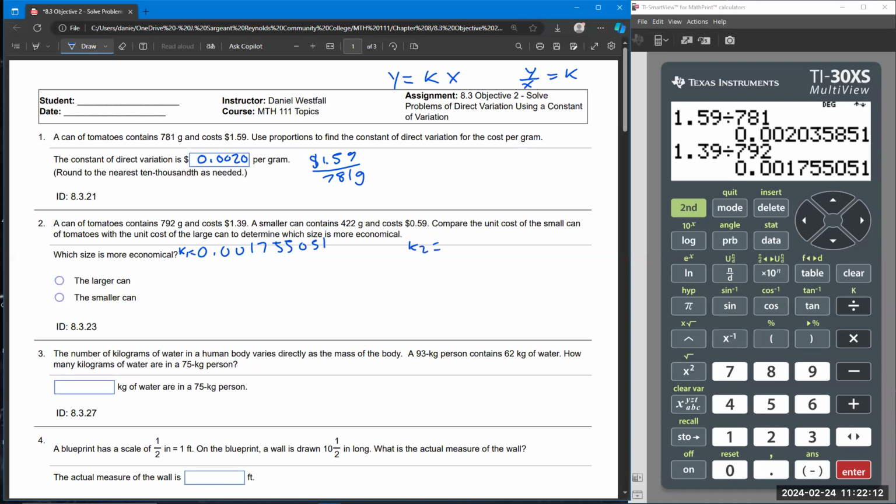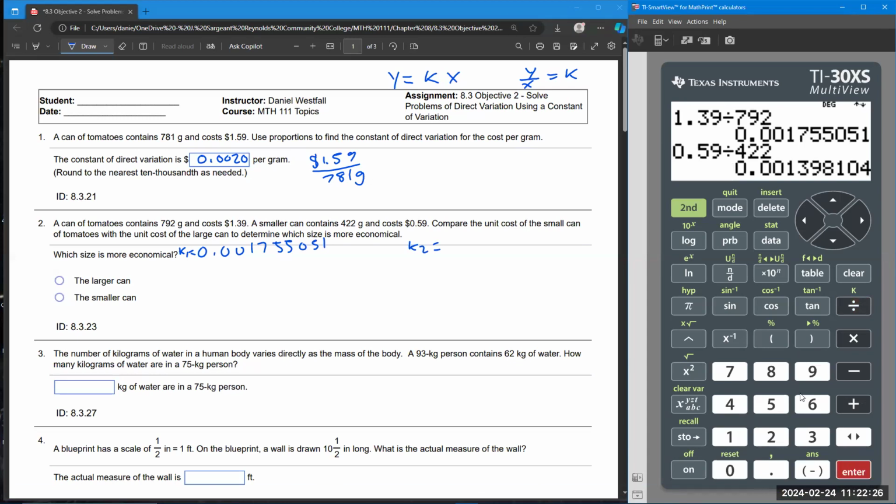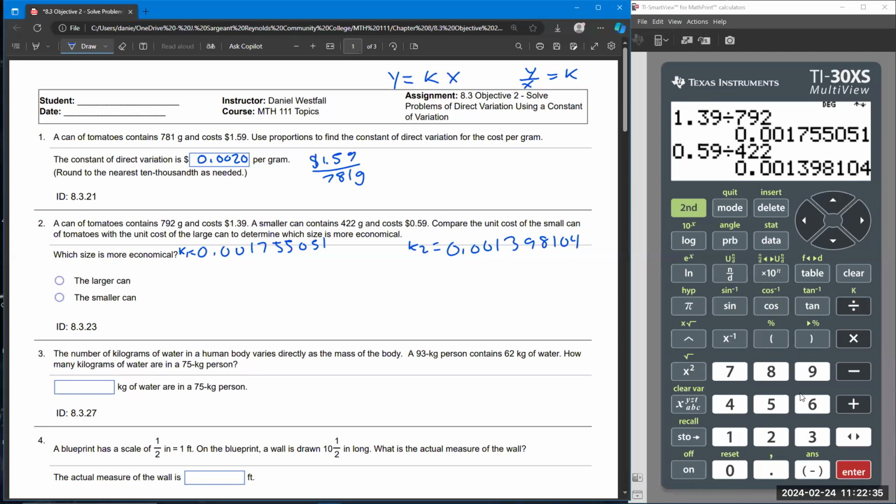K2 over here is going to be 0.59 divided by 422, which is 0.00139810. And surprisingly, the smaller can is the better buy. Normally, we think you get a better price if you buy a bigger can. But in this case, you get a better unit price if you buy the small can.